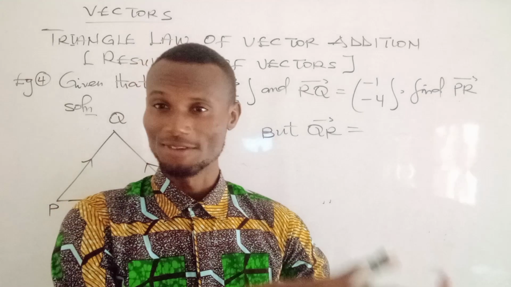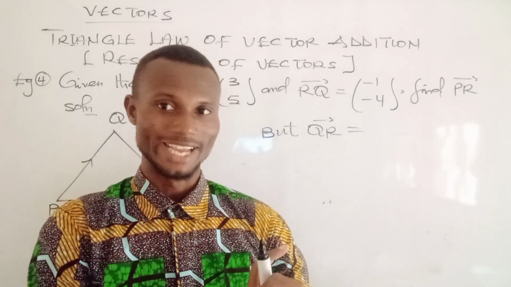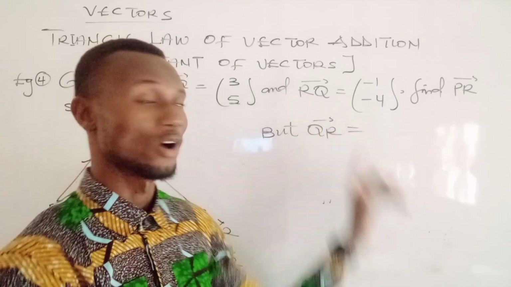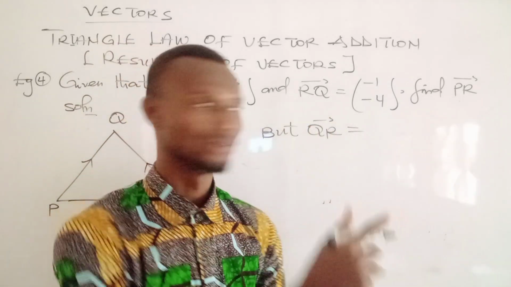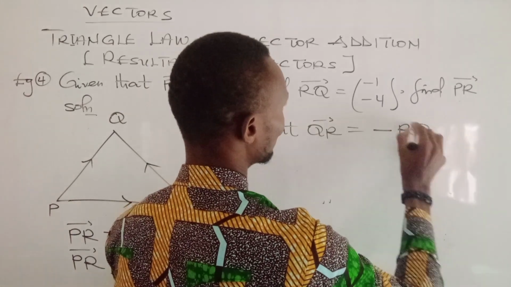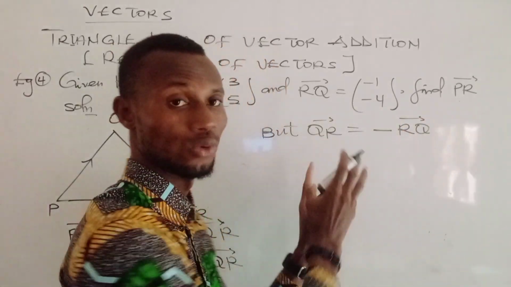We've done the inverse of a vector, so we are applying that knowledge here. So when I negate the vector RQ, it will give me my QR.